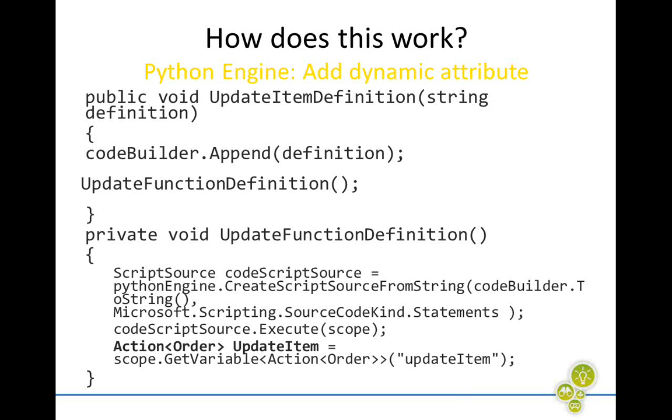Versus here, where order is not a Python class, it is a C# class. So how will I be able to add new member variables to a C# class? To do that, there are certain things that I need to do, and we look at them here.